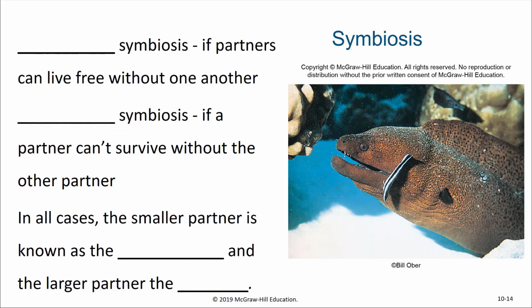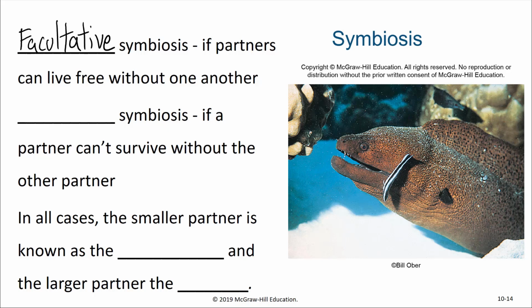So in talking about cases of mutualism, where both members of this symbiosis benefit, well, these symbioses can be facultative, in which the partners receive benefits together, however, they can potentially live separate from each other.